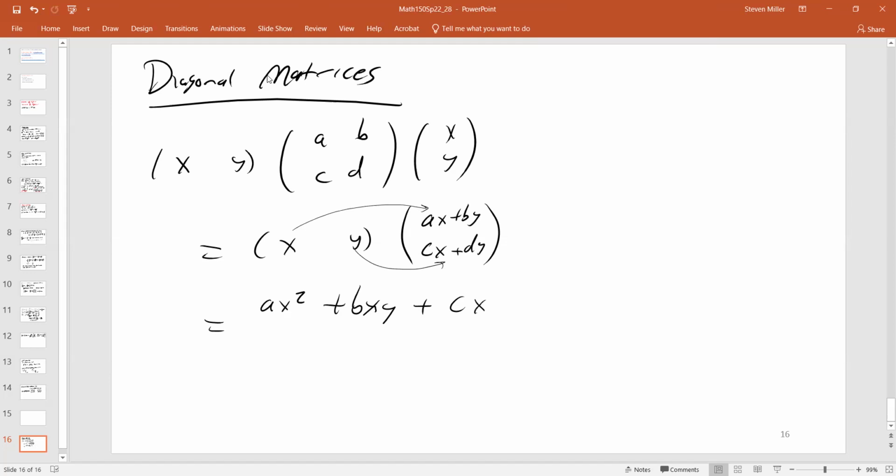So it's going to be ax squared plus bxy, and then cxy plus dy squared. There we go. So it's going to be ax squared plus b plus c times xy plus dy squared.